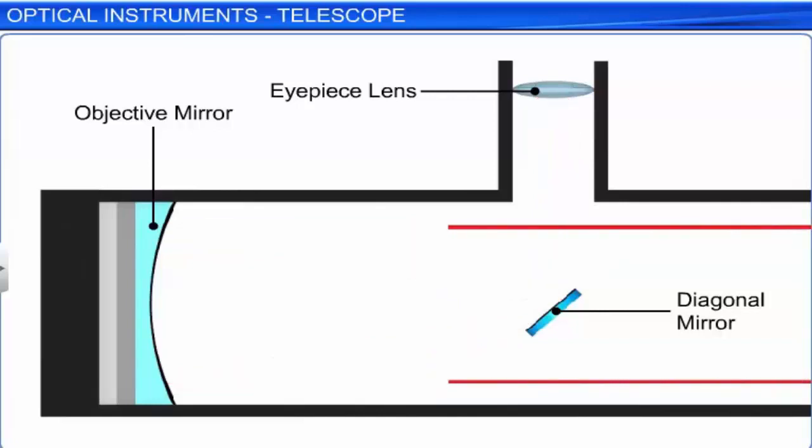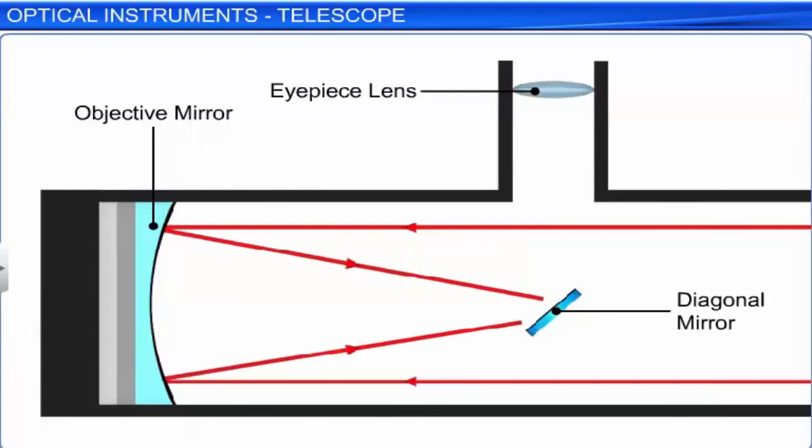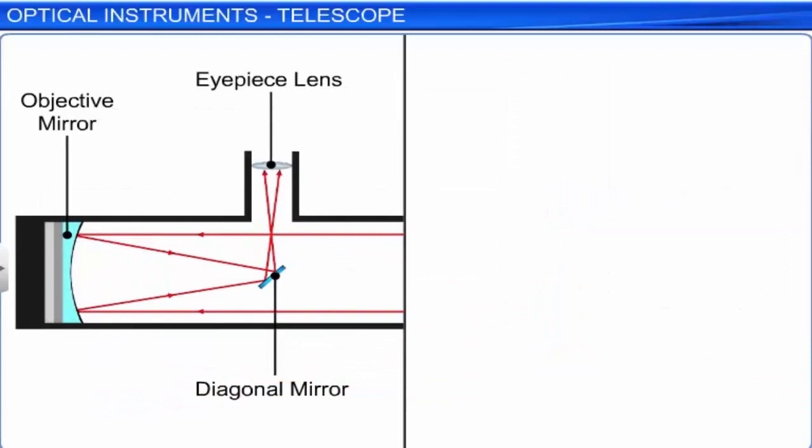Spherical aberration can also be removed by using a parabolic objective mirror. Since a mirror weighs much less than a lens, reflecting telescopes are easy to handle mechanically. In some of the reflecting telescopes, a convex secondary mirror is used to focus the incident light onto the eyepiece.